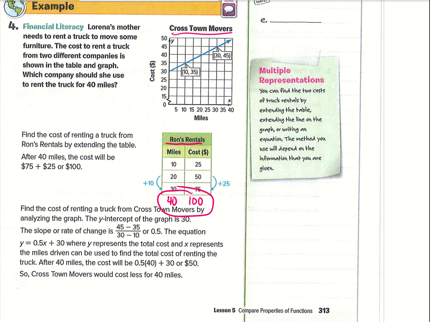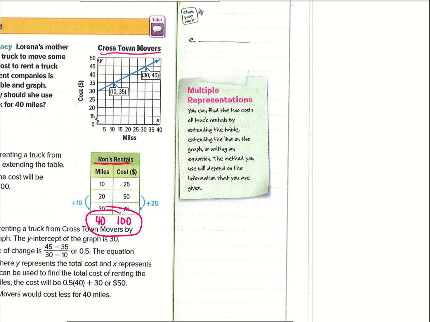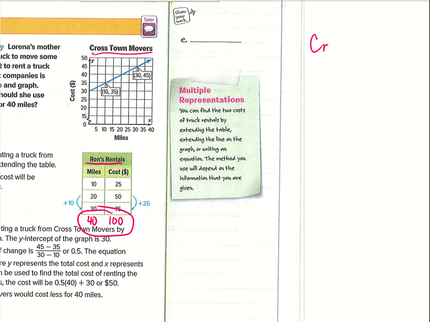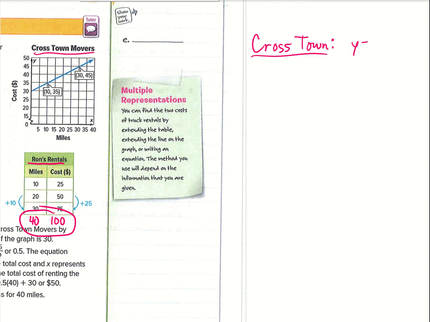Our other option, for our graph, is that we're going to want to look at the line, and we'll need to look at our equation and our slope. So as we look at Crosstown Movers, our equation we're going to want to be in slope-intercept form, so y equals mx plus b.